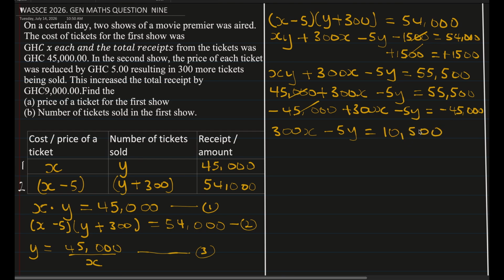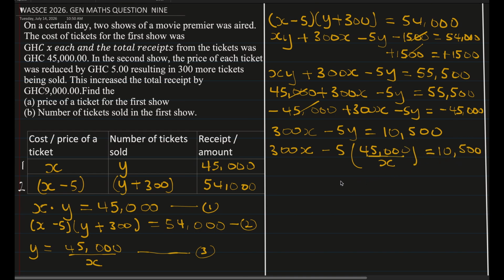All right, now look at this equation. We have 300X minus 5Y is equal to 10,500. This is 5Y. Here, this Y is also the same as 45,000 on X. So let's do that substitution as well. So we have 300X minus 5. Instead of Y, we are putting 45,000 all on X. Close the bracket, and that is equal to 10,500.